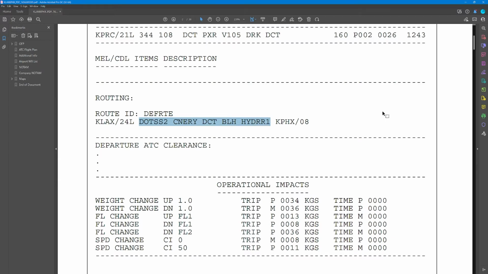I say that's the route because ultimately, at your arrival destination, you're expecting a certain runway that you're going to land. And even though in the route here it says KPHX 8, it doesn't mean that you're going to get runway 8.